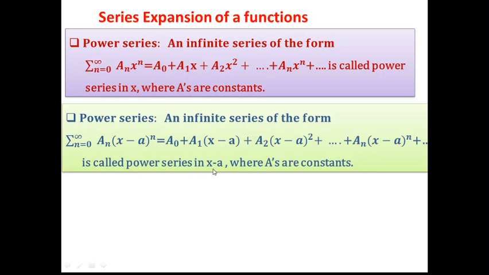The values of x for which a series converges are called its interval of convergence. In this case the first series converges for x equal to 0, whereas the second series converges for x equal to a. Any series may be convergent for all values of x or for all x in some interval.